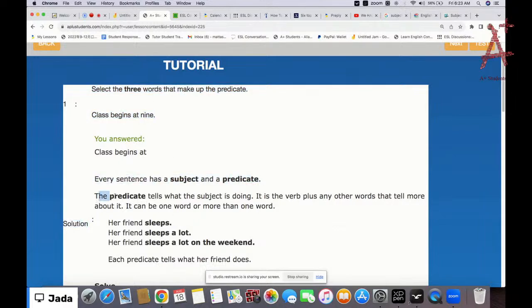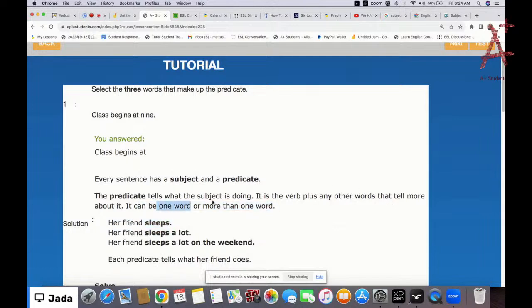So the predicate tells what the subject is doing. The subject is cooking. The subject is dancing. Yes, the predicate tells us what the subject is doing. It is the verb plus any other words that tell more about it. So the verb plus any other words that tell you more about what is going on.